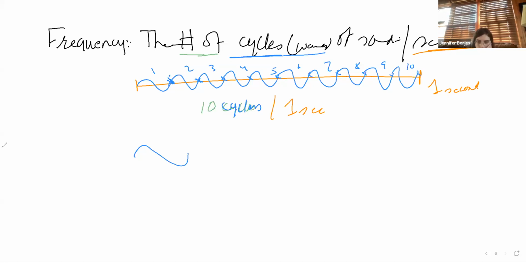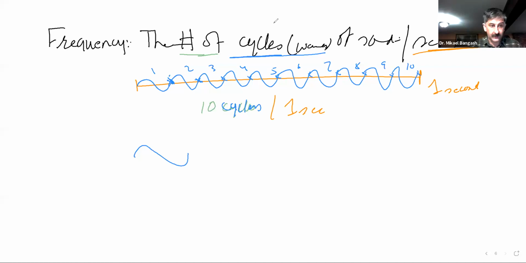So what do we have here? A total of 10 cycles per second. Now, guys, it all depends on what you're counting. You can say 10 breaks per hour. If I give you 10 breaks in a span of a 1 hour class, then you say the frequency of breaks is 10 breaks per hour.